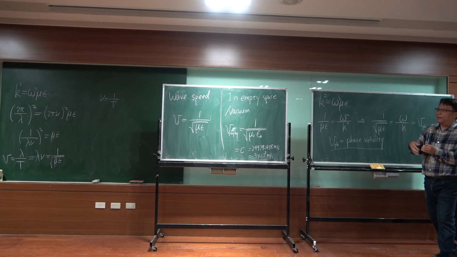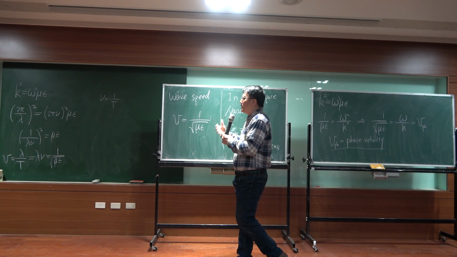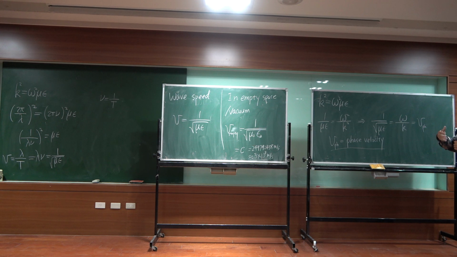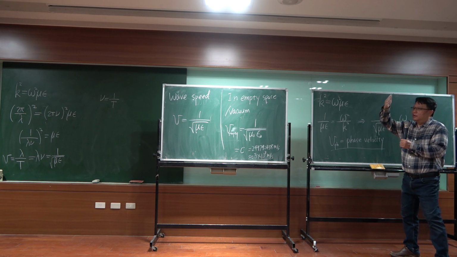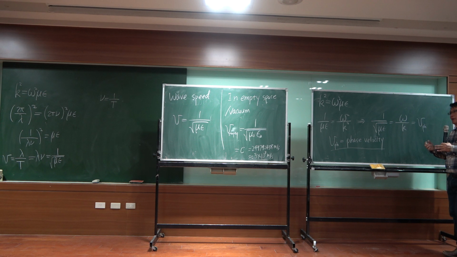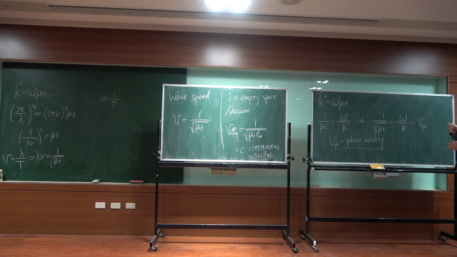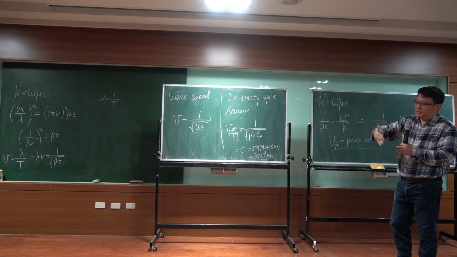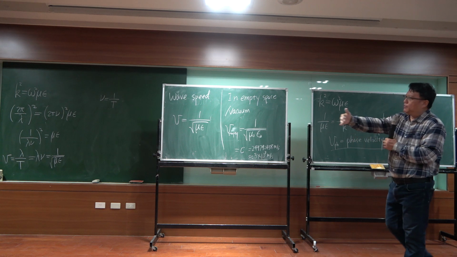Phase velocity means that we observe the monochromatic wave propagating inside the medium, and we observe how the valley or crest of the wave propagates. We observe the fixed phase shape, how this fixed phase shape propagates.